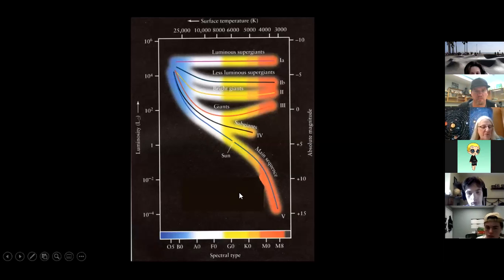That's where most stars spend most of their life. So if we see a spectrum of a star, we can plot it on this diagram and figure out how bright it is compared to how bright we see it, and go from there for distances.